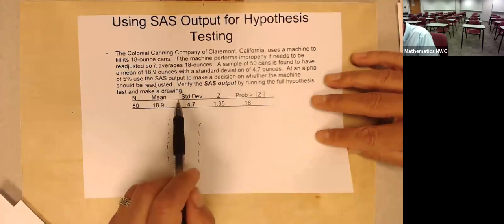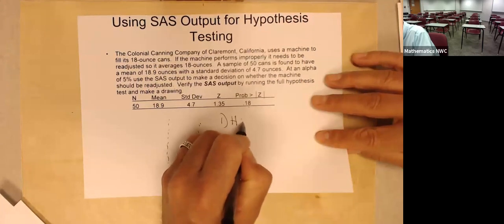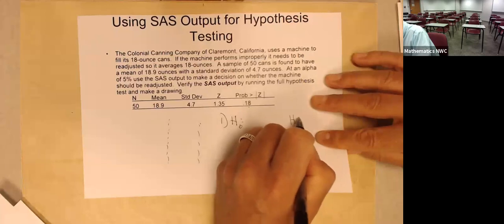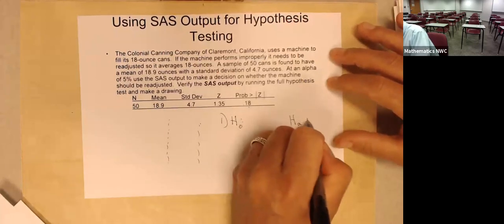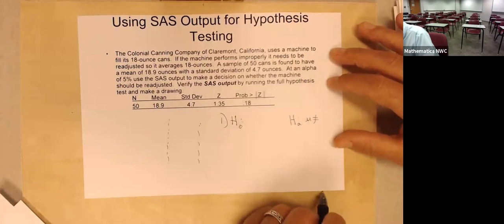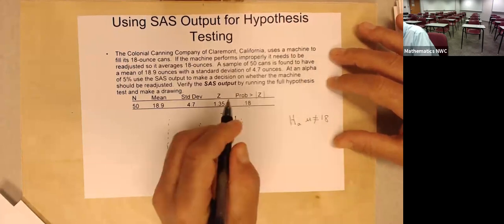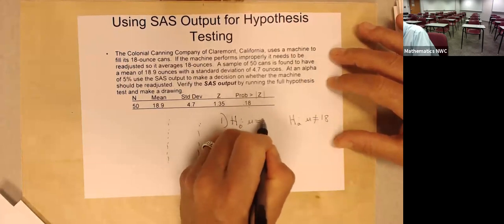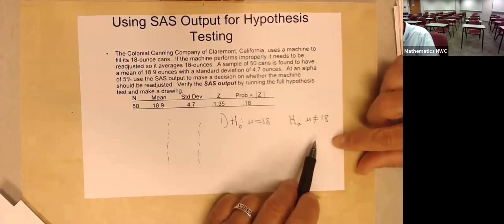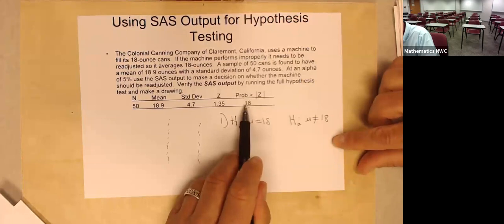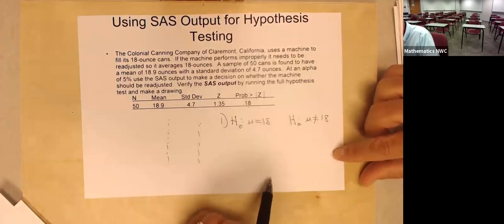They didn't list it here, but I would have had for step number 1, two-tailed test is always where the alternative is not equal, in this case 18 ounces, and where the null does equal 18 ounces. This was a two-tailed test. The probability would have already been multiplied by 2. Everything else now just needs to be put in there.